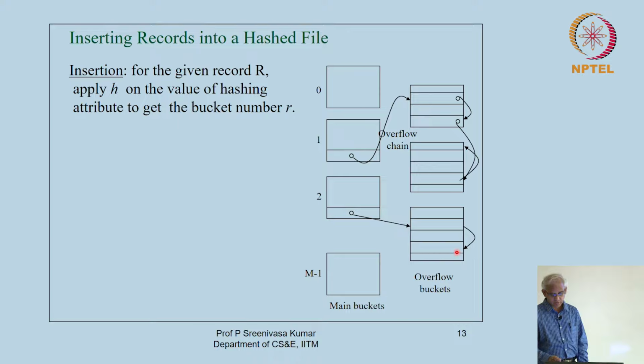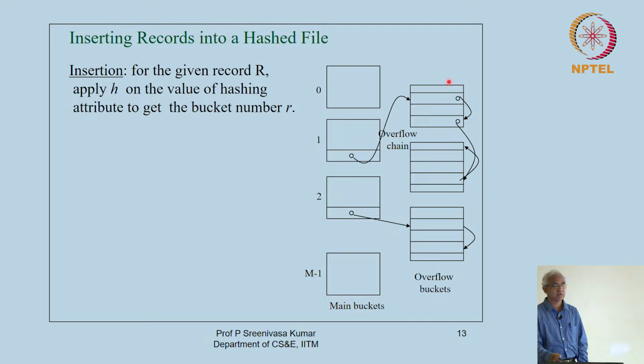You can take a free slot from here, put your record there, adjust this overflow chain to point to that, and then from that put a pointer to the next record that was there originally in the overflow chain, like splicing a new record into the chain.